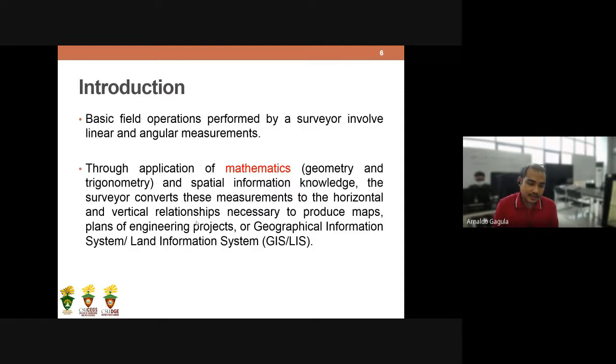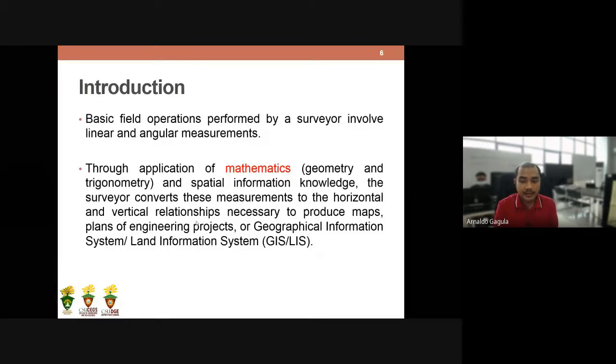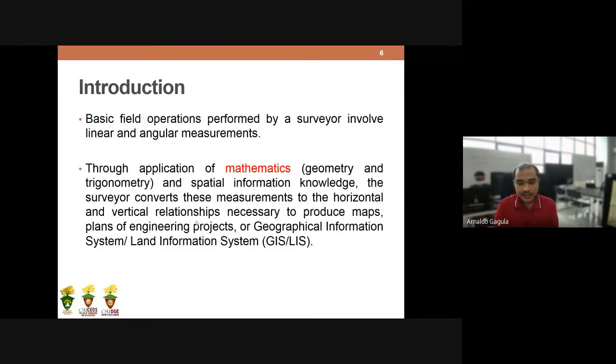And we can solve different measurements and their relationship using the application of mathematics, specifically geometry and trigonometry, and spatial information knowledge, such as the location of x and y coordinates, latitude and longitude. Then the surveyor converts these measurements to horizontal and vertical relationships through mathematical formulas.